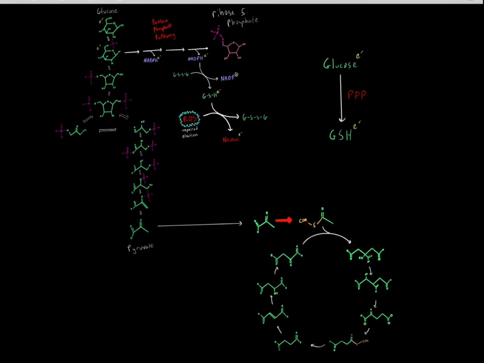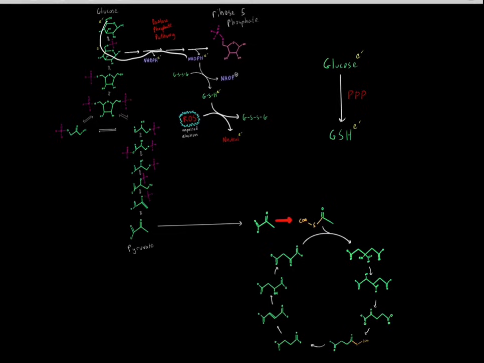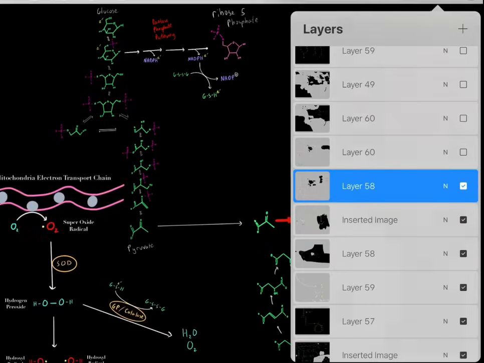So that's pretty neat. Essentially what we can do is take these electrons from glucose, go through this pathway, take those electrons, and eventually donate them to NADPH, which can donate those electrons to glutathione to form an antioxidant, which can then donate those electrons to free radicals to neutralize them. So we have this endogenous antioxidant system, which is pretty neat.